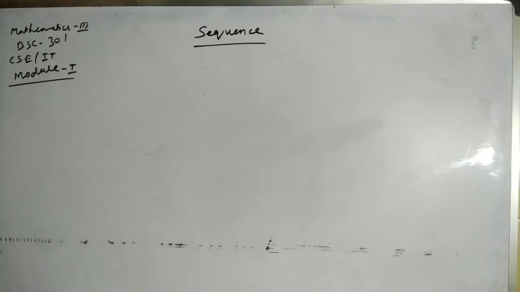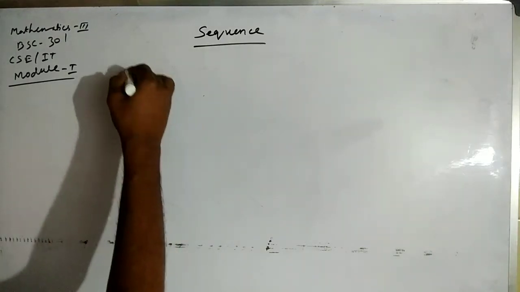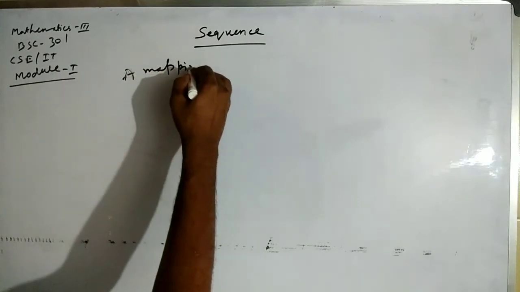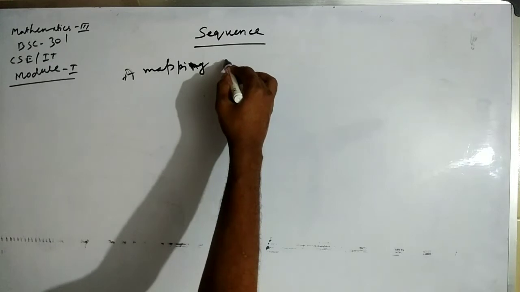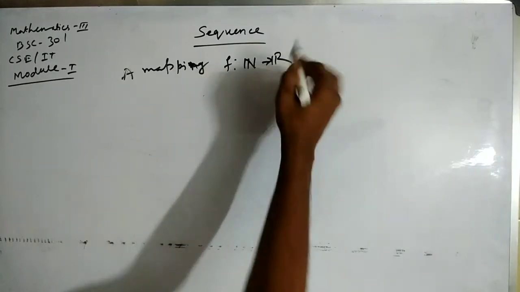which is important for your examination. Okay, so what is the definition of a sequence? A sequence actually is a mapping. Sequence is a mapping from natural number to real number.